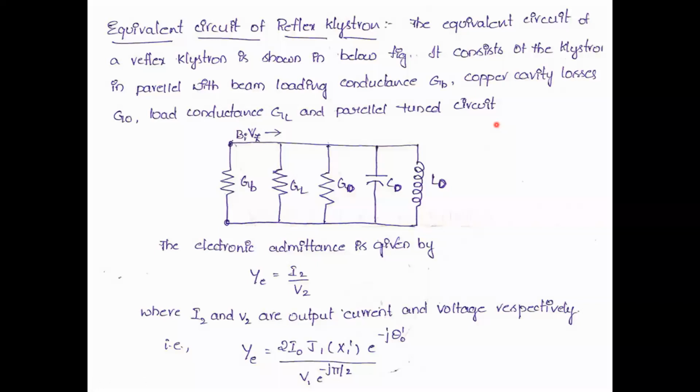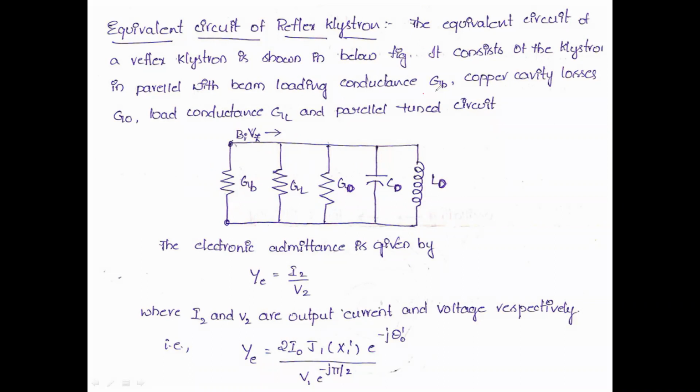Next, in this slide, we are able to understand what the equivalent circuit is for our previous reflex klystron. This is the equivalent circuit, indicating the loss conductance and parallel tuning circuit, as well as the loading conductance.